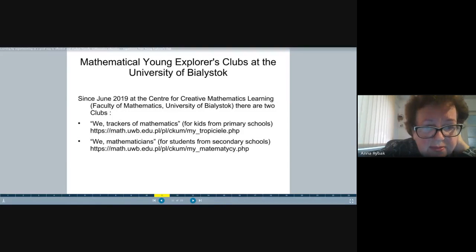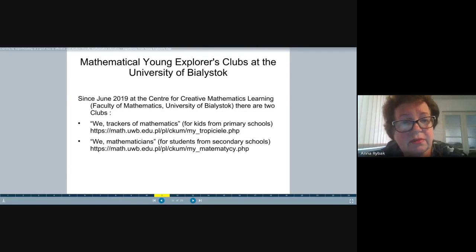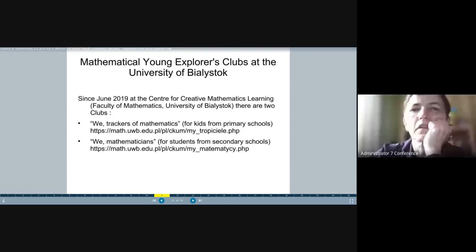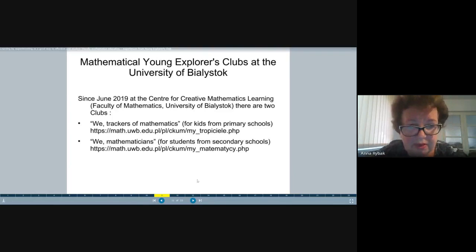In June of the previous year, at the Center for Creative Mathematics Learning at my faculty, we established two clubs: for kids from primary schools, the Trackers of Mathematics, and for students from secondary schools, the Mathematicians.